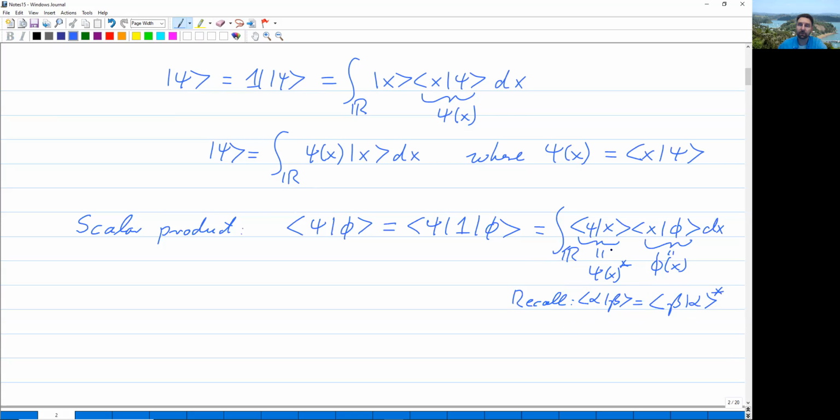Okay, so that's what we used here to recognize that these are these two wave functions. So what we have is that the abstract inner product between the abstract states psi and phi is the integral over the real line of psi star of x phi of x dx in the position representation.